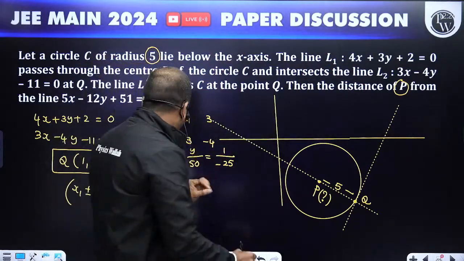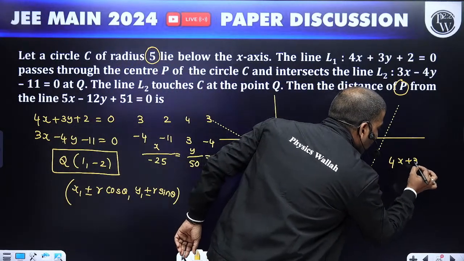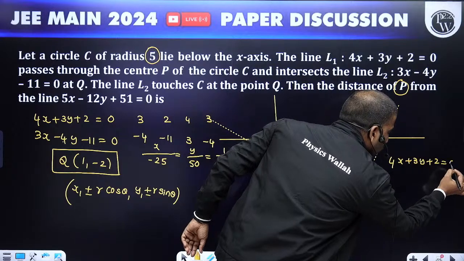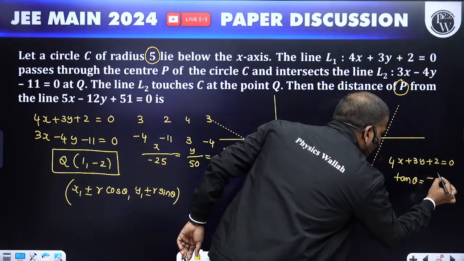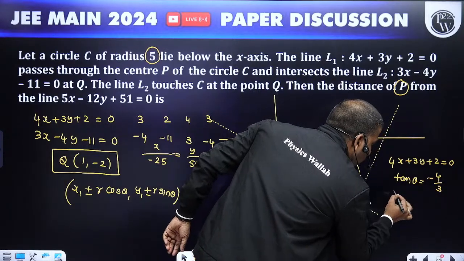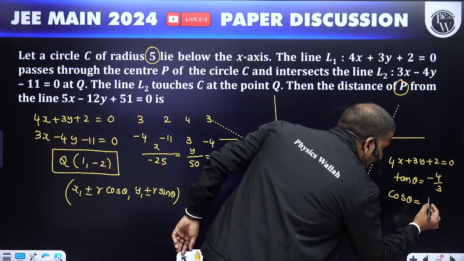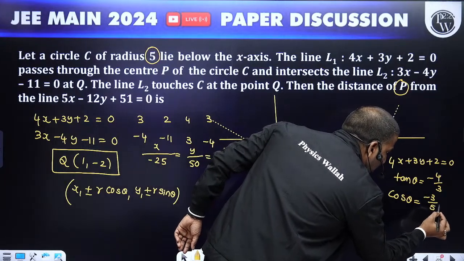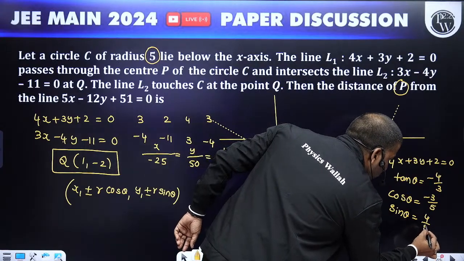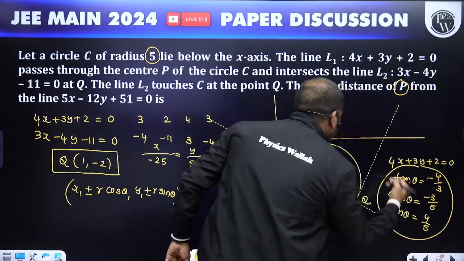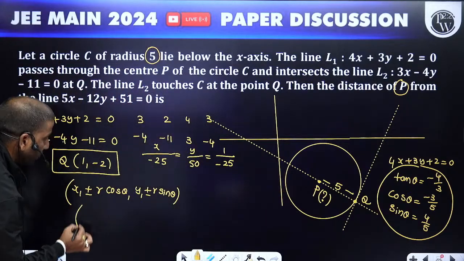For that, tan theta is equal to minus 4 by 3. So what would be cos theta? Cos theta is minus 3 by 5. What is sin theta? Sin theta is 4 by 5. These are useful, so when we write directly, we will get the points. What is x1?